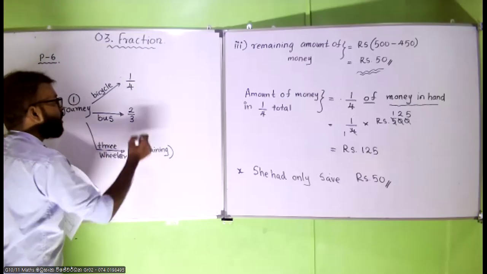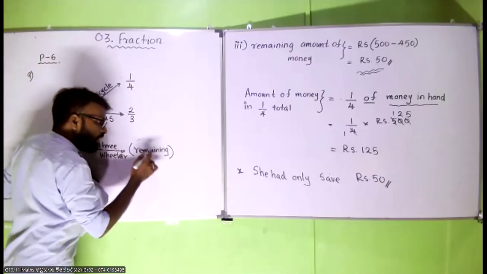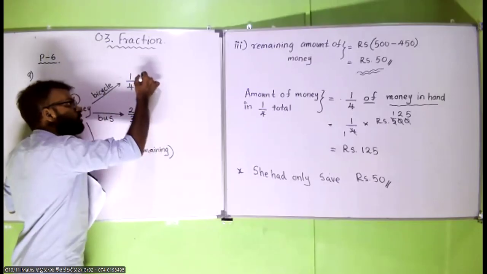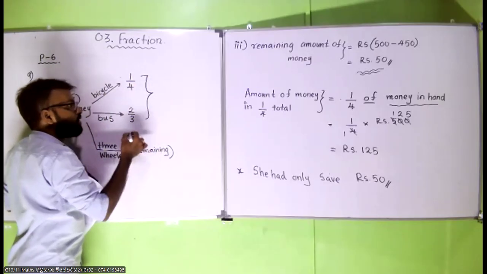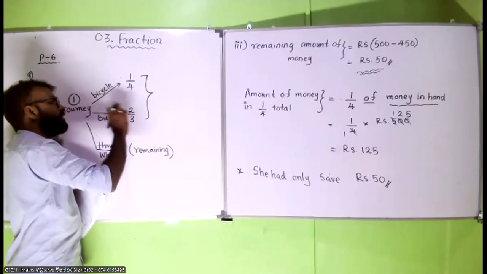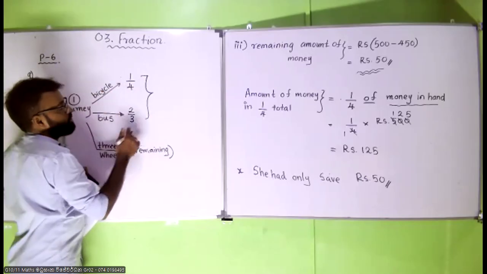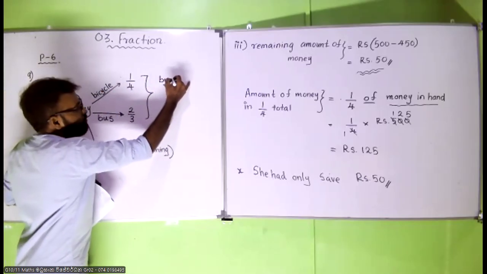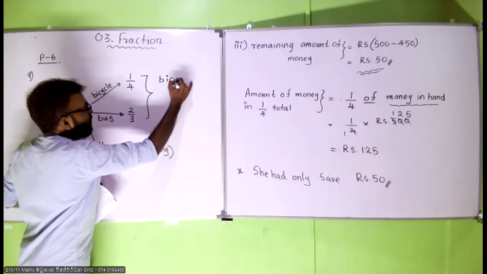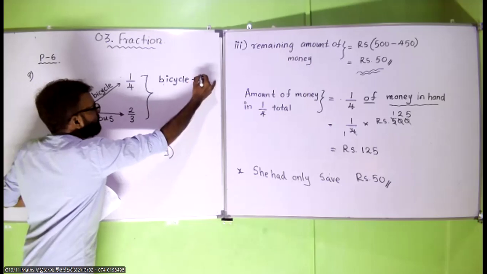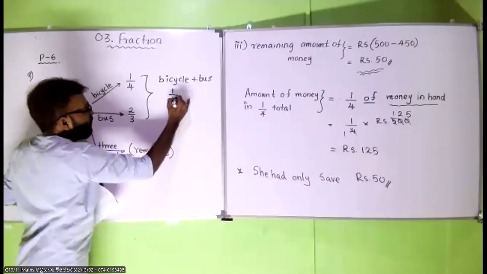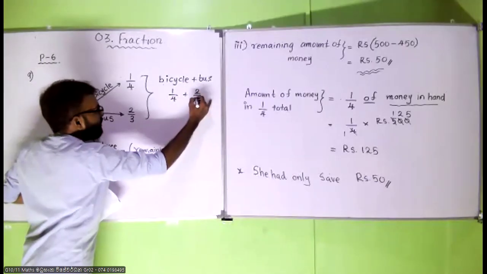If you want to find the remaining portion, you need to remove these two. The distance traveled by bicycle plus bus is 1/4 plus 2/3.